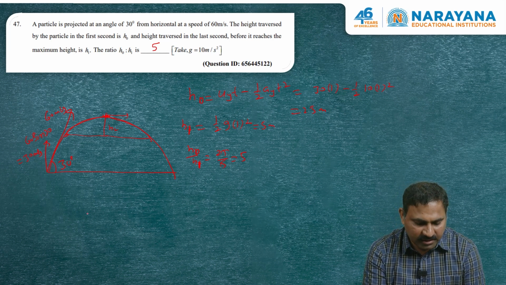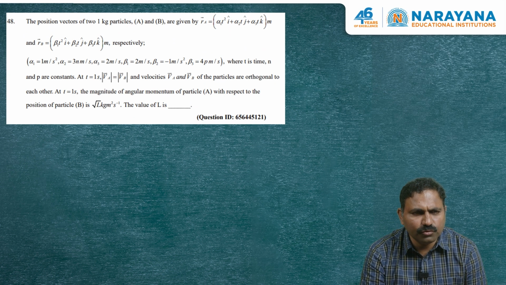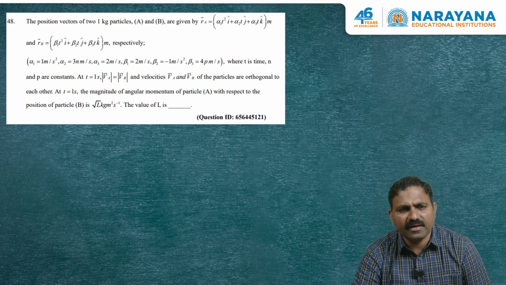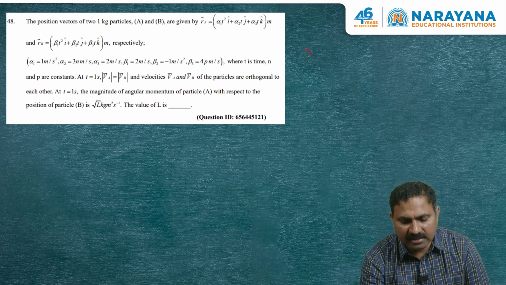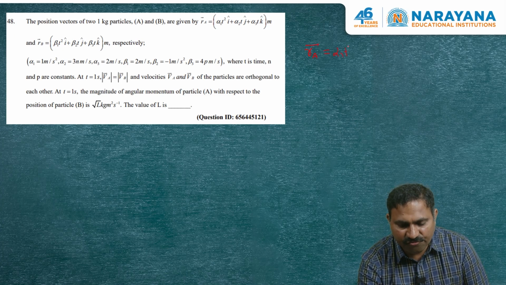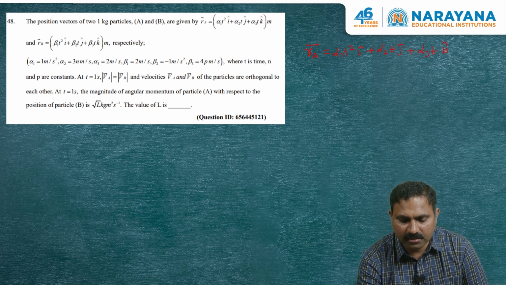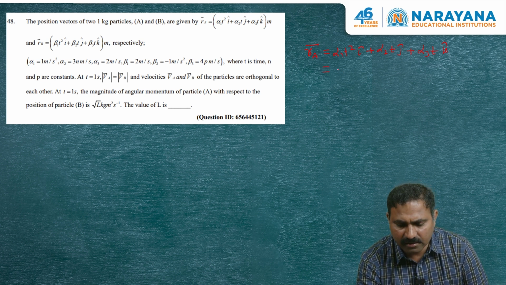Next question. The position vectors of two 1 kg particles A and B are given by RA equal to alpha 1 t square i cap plus alpha 2 t j cap plus alpha 3 t k cap. Let us substitute these values. Alpha 1 is 1, alpha 2 is 3n, so it is t square i cap plus 3nt j cap.